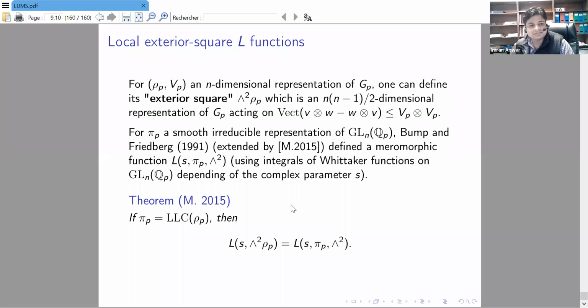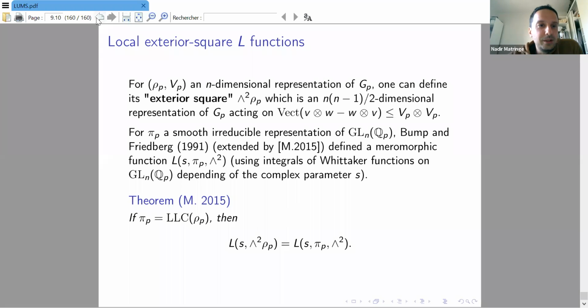And so you would expect that on the representation theoretic side of GL_n of Q_p, you should be able to define the corresponding L function using one of these methods, the Langlands-Shahidi method or the Rankin-Selberg method. But at the moment, using these methods, we don't get all L functions attached to Galois representations.